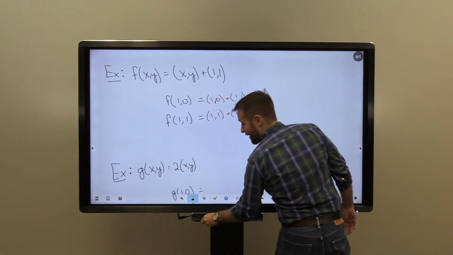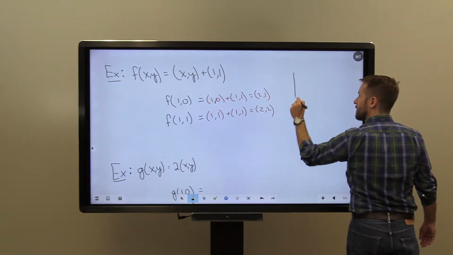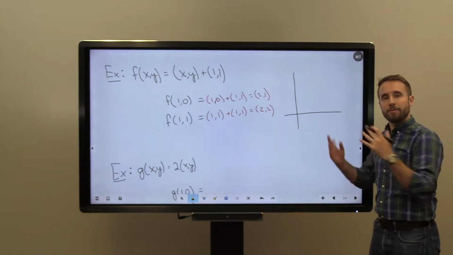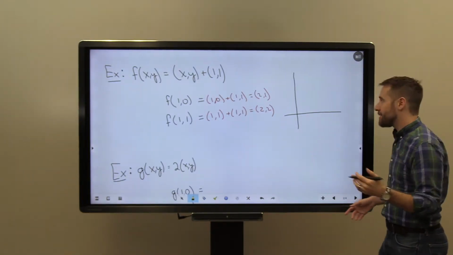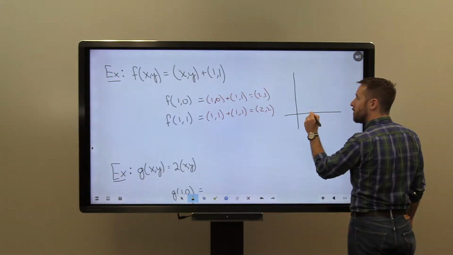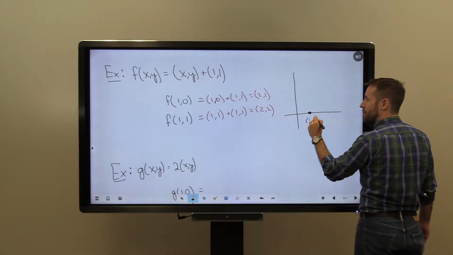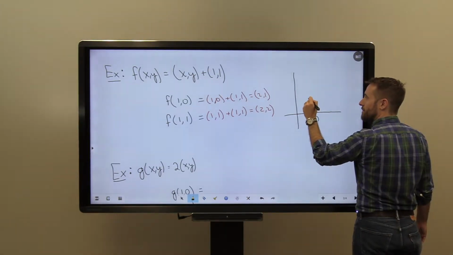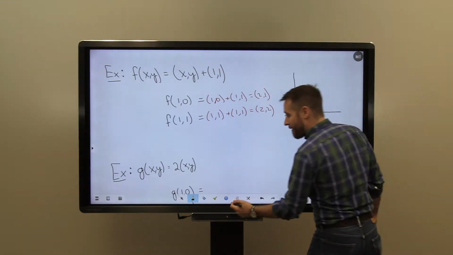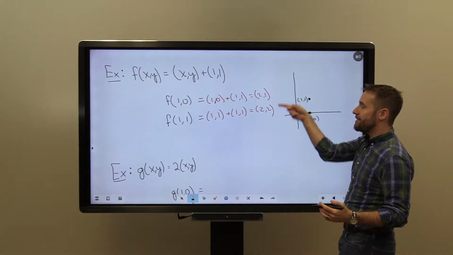If I wanted to graph this, we don't have a great way to graph functions from R2 to R2, but schematically, here's my xy plane. I'm going to plot the point 1 comma 0. Here's the point 1, 0. Here's the point 1, 1. And then after I plug these 2 points into the function, I'll get these as outputs.